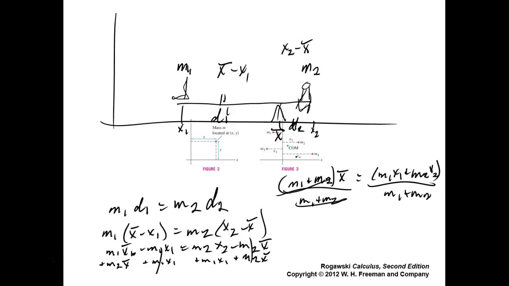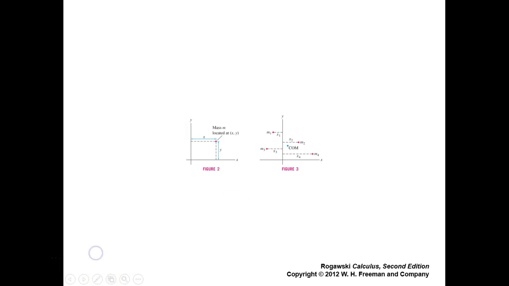Now, more generally, the moment of a single particle of mass m with respect to a line L is the product of the particle's mass m and the directed distance, positive or negative, to the line. So let me clear this out. I think we beat it to death. And let me write that one.